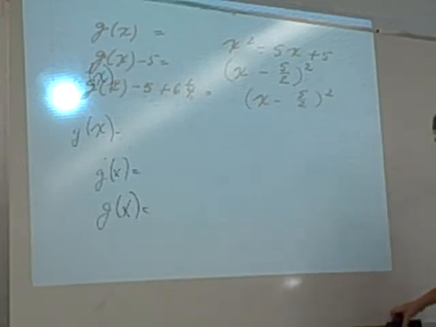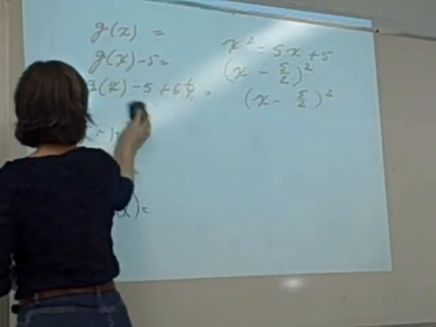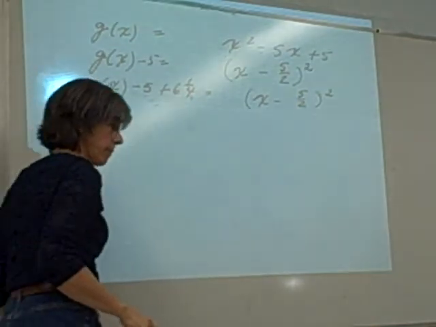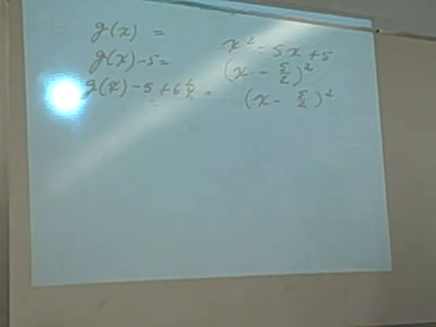And so minus 5. So then you have 1 and a quarter? Yeah, so I'm going to have a positive.